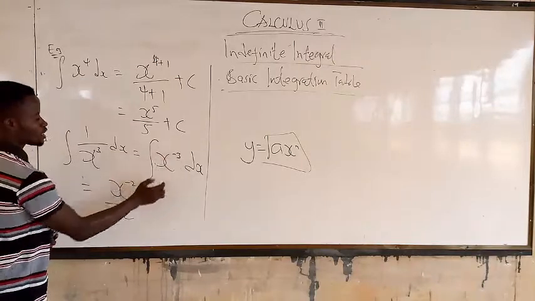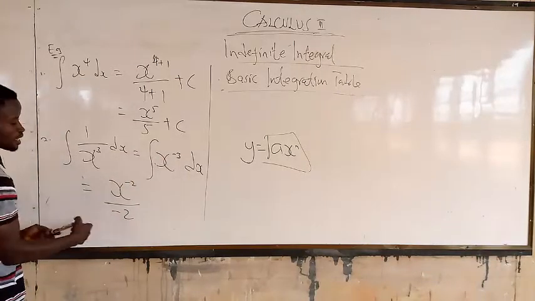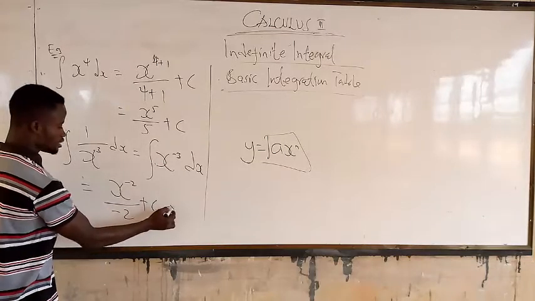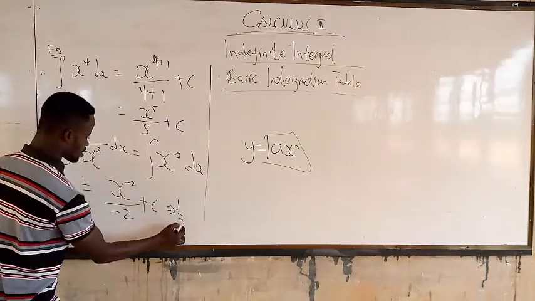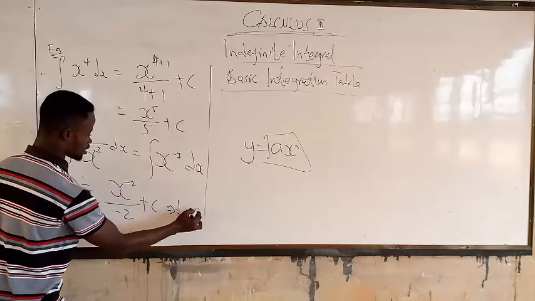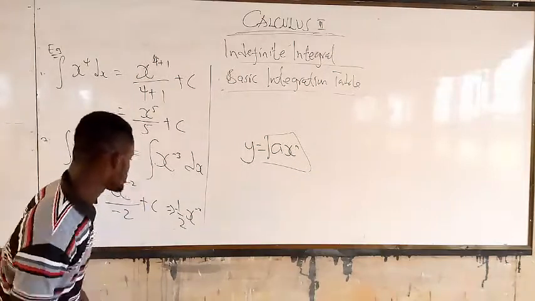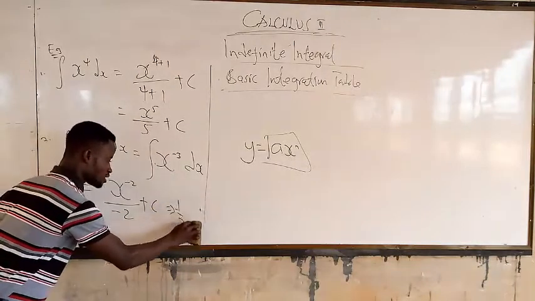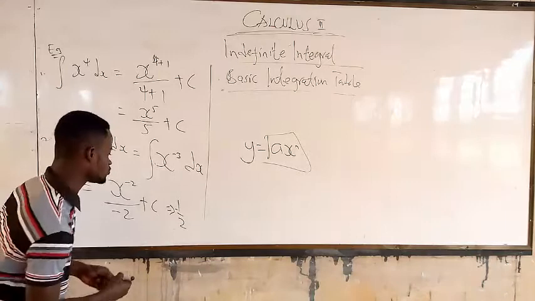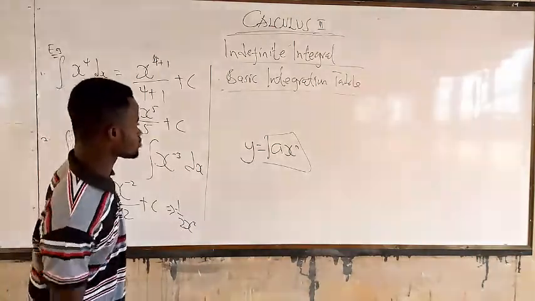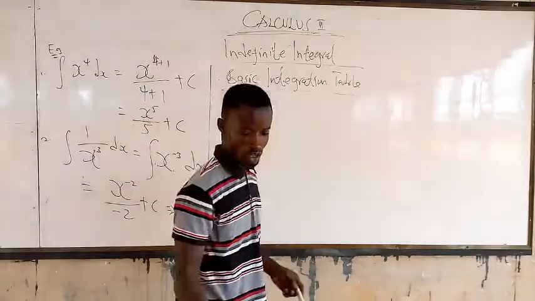Because when you add 1 to negative 3, you get negative 2, then you divide by it. Then you add plus c, so the result is finally negative half s to the power negative 2. But even with this, you can still apply something: this power negative 2 will be s squared in the denominator. Alright, so don't forget that.